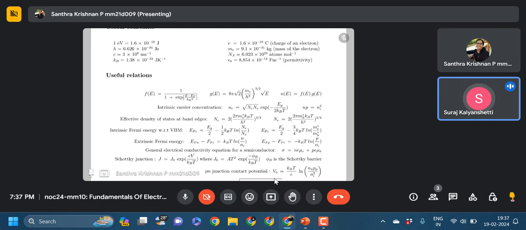I'll use this virtual calculator. Just give me a moment. Also, if they allow us to use a normal calculator, that would be very helpful, but I don't think that will be allowed. If you divide it, you'll get electron volt and then you can solve.